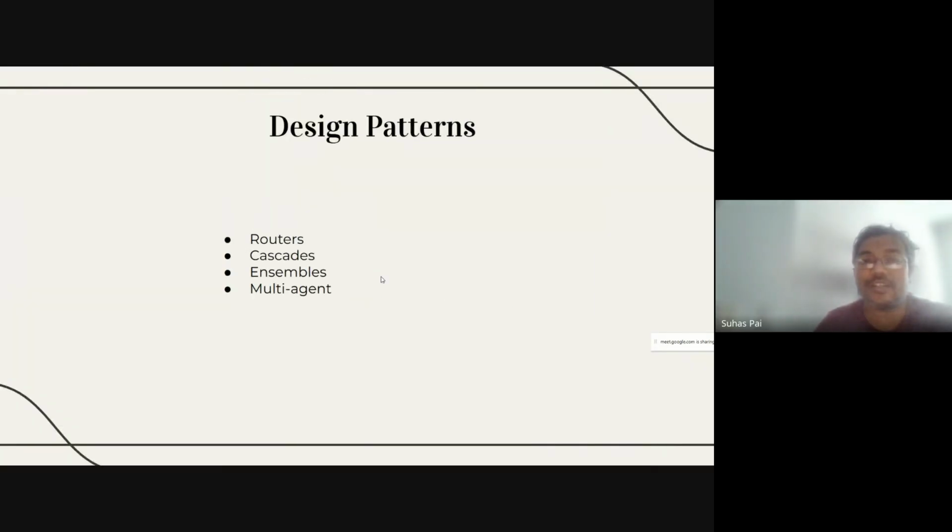design patterns. There are a bunch of different ways you can structure your models. You can have a single model be the backbone of your entire agentic system, but you can also have many different models.